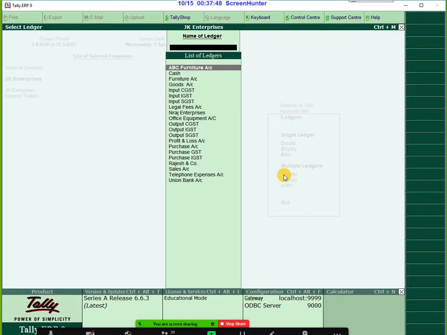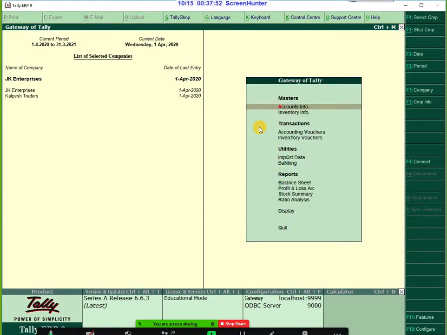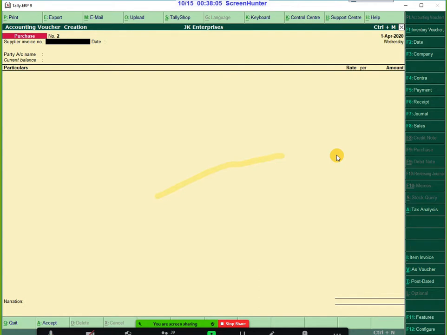Let us escape from this menu and come to the Gateway of Tally main menu. Come into Accounting Vouchers directly, press enter. Once again I am entering the purchase entry as a voucher.